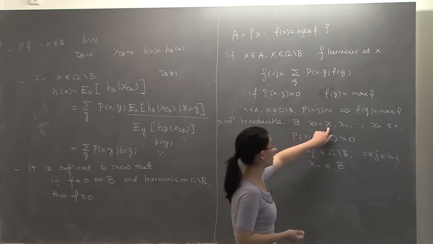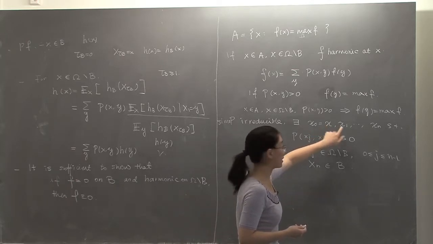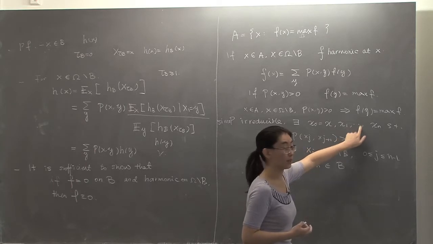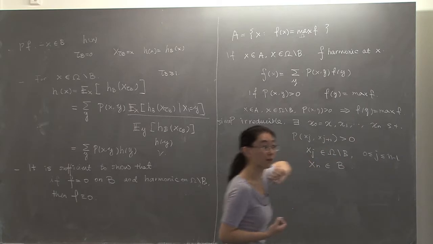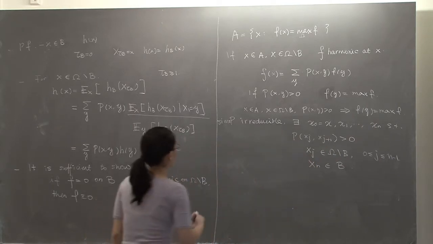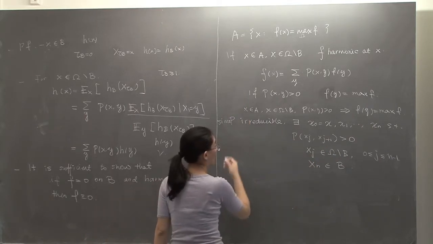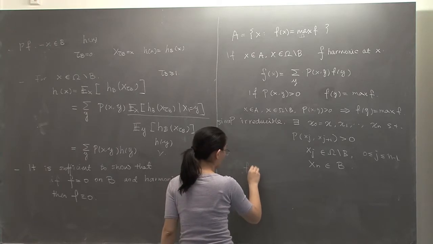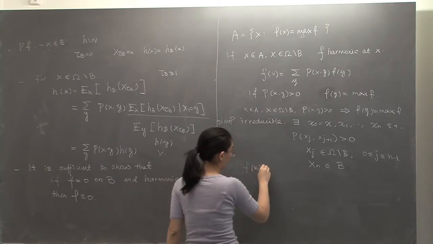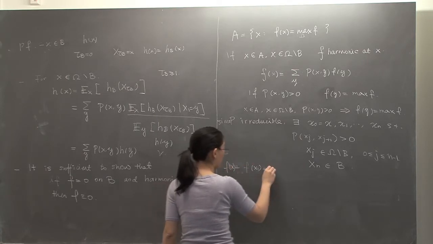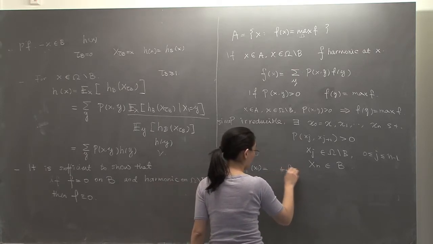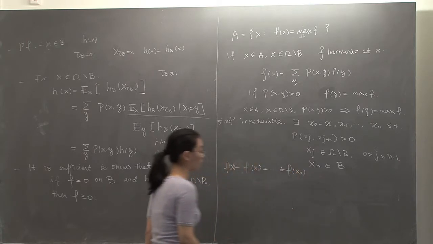This path starts from x, and it jumps along vertices outside B, and at some first time it jumps inside B. Then we can apply the argument from the first step to show that fx1 equals the max, and fxn also equals the max.